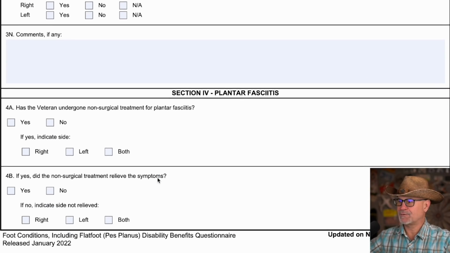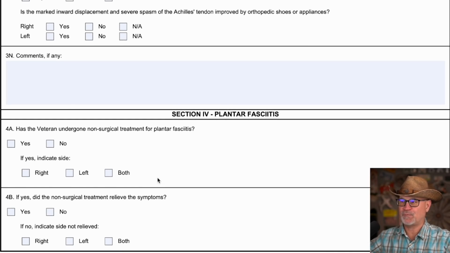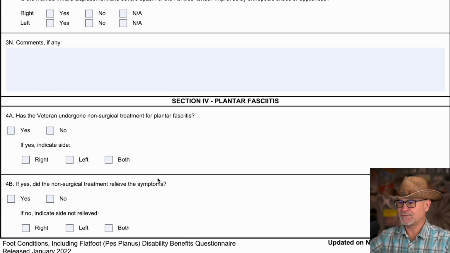Let's see what else. Here's the part, section 4 here, plantar fasciitis. Have you undergone non-surgical treatment? So examples of that would be the taping and the shots. So did they work or did they not work? In my case, this box was checked yes, and then both was checked because I've had non-surgical treatment multiple times for my plantar fasciitis.